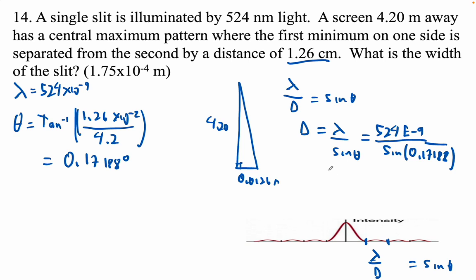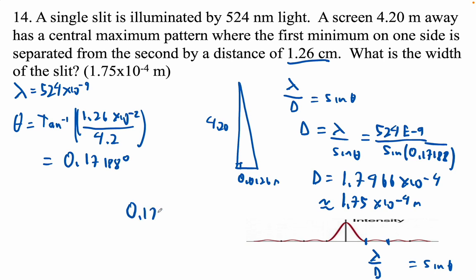I'm getting d is equal to 1.7466 times 10 to the minus 4th, so that's about 1.75 times 10 to the minus 4th meters, which is, by the way, 0.175 millimeters, but this is correct, right?